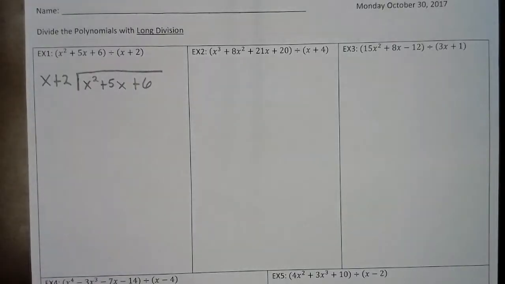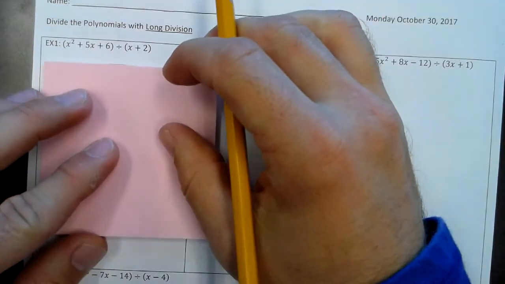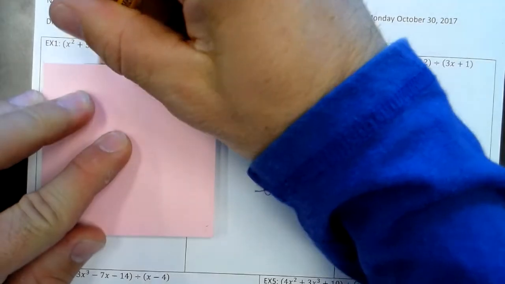I think I said that wrong at first; it should be x squared plus 5x plus 6 divided by x plus 2. Now I'm without a ruler, but in life you've got to improvise. So my little notepad here will be the ruler.